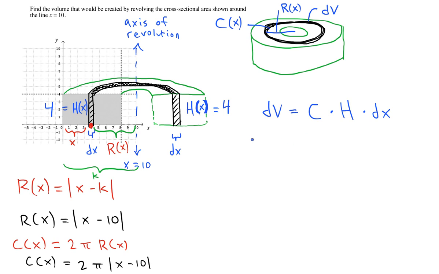All right, I'm just about ready to plug in to my dV formula. Circumference is a function of x. H is a function of x. And we have everything we need.